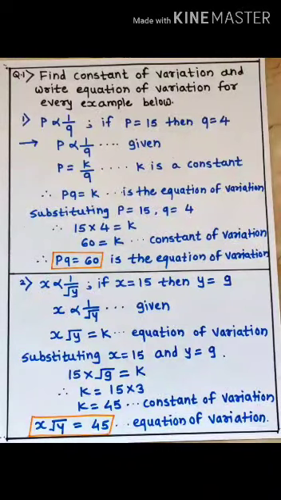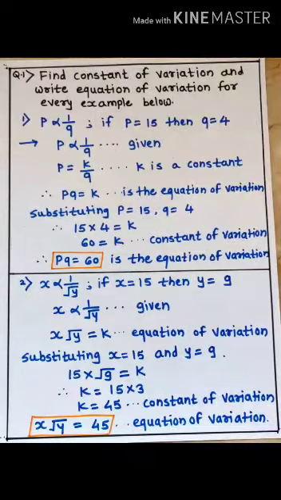P varies inversely as Q, that is given. Therefore, P is equal to K upon Q, where K is a constant. Therefore, PQ is equal to K. That is the equation of variation.